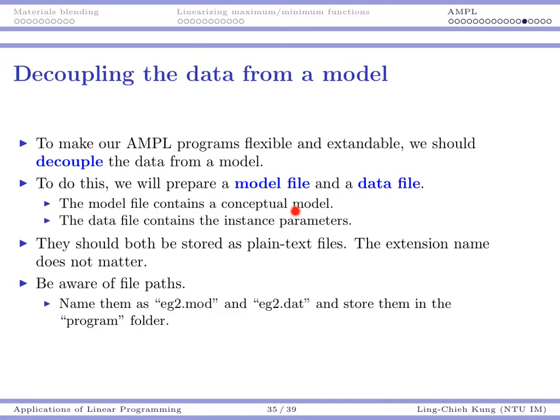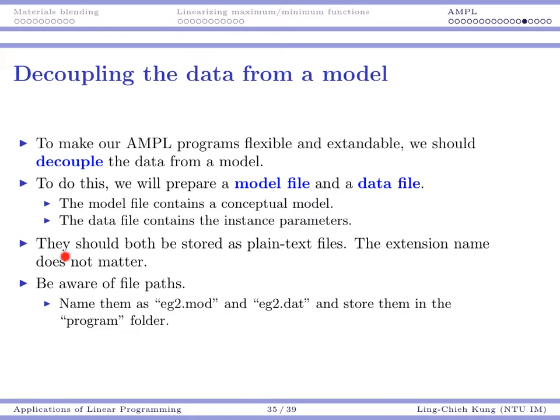The model will contain just a conceptual model, and the data should contain those instance parameters. And that would be good if today you have a problem, then you have a model. But then you may have different parameters in different environments. Then you just need to have different data files. That allows you to reuse your model file.